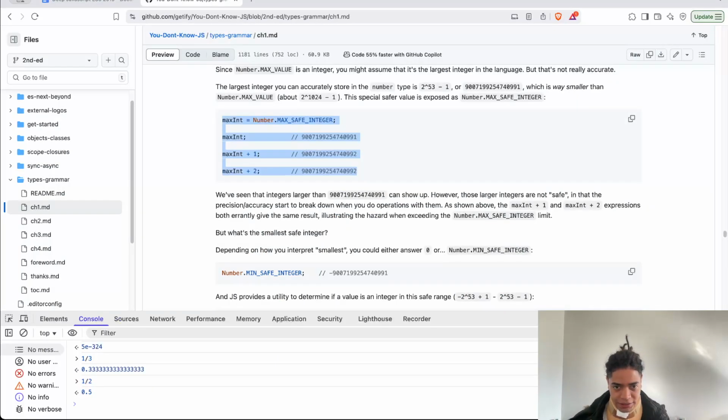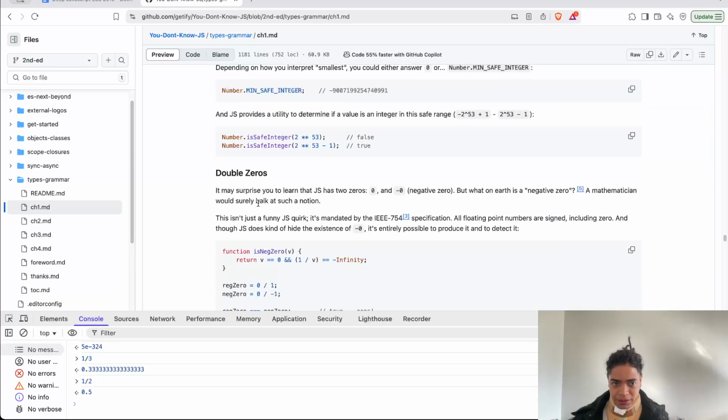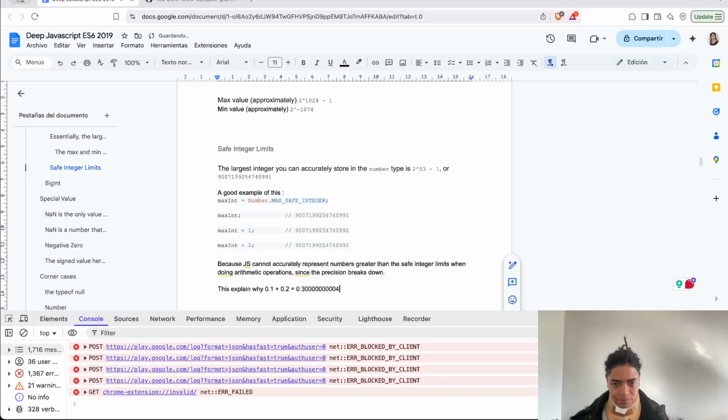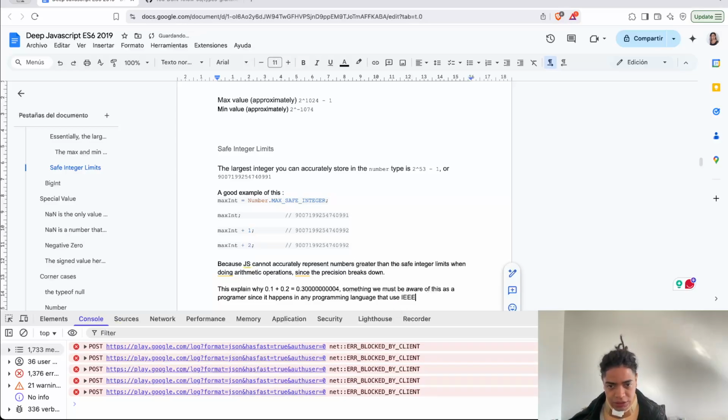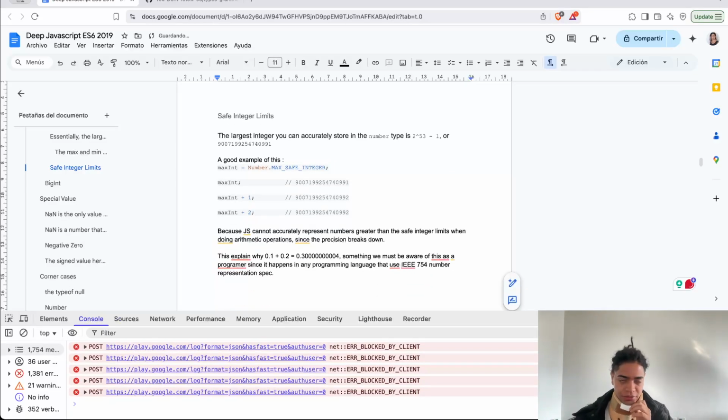This is something that we must be aware of as a programmer, since it happens in any programming language that uses the IEEE 754 number representation spec. Very interesting.